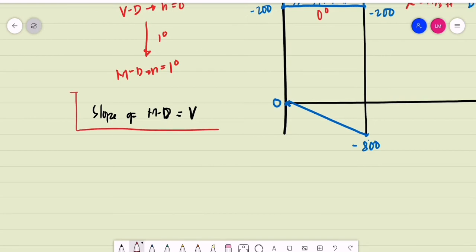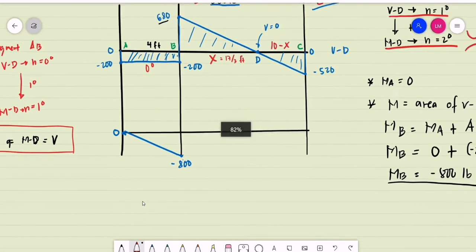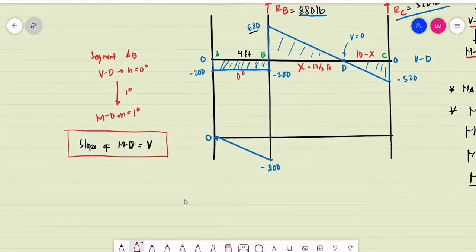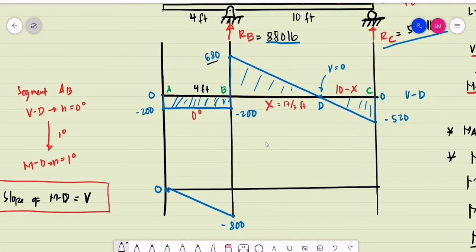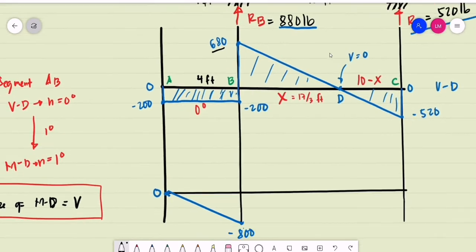So all we have to do is consider the points. What are those 2 points? That is point B and point D. At point B, what is the magnitude of the shear for segment BD? The shear at point B is positive.